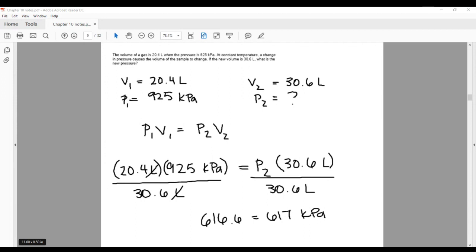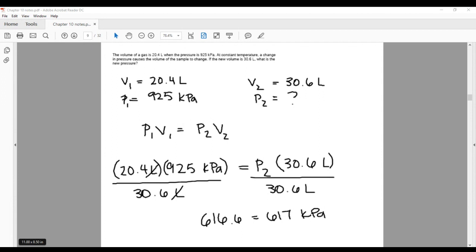So we set up P1V1 equals P2V2, and we know that we need to solve for the second pressure, so we are going to put that by itself in the equation. That's why I've got P2 times 30.6 liters, and then I divide both sides by 30.6 liters. When I solve, I get 616.6, which is going to be 617 in significant digits because I have 3 in my problem.